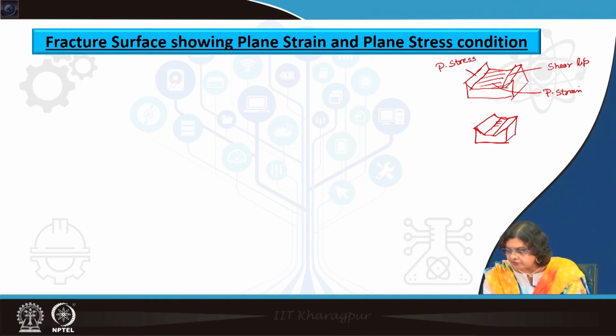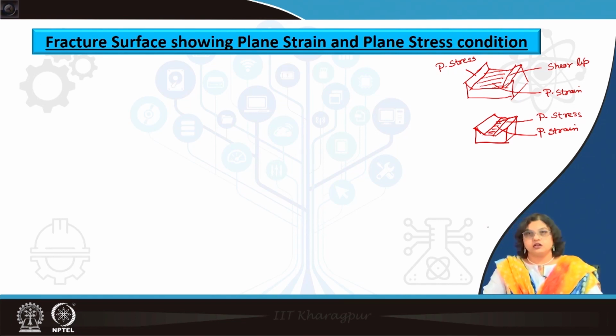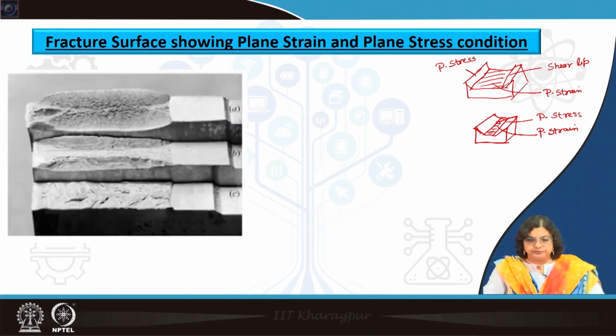So, now we have the plane strain also near the middle, but you can see that the ratio of the plane strain to the plane stress part is much reduced for the case of a thinner specimen, and we can draw thinner and thinner specimens to see how the plane strain part is being squeezed and the entire part is taken over by the plane stress or the shear lip part.